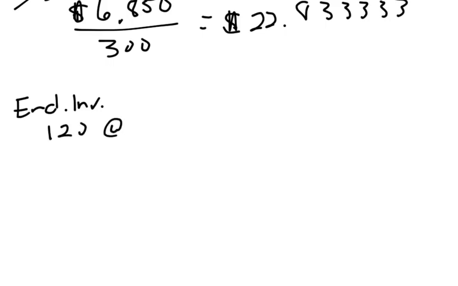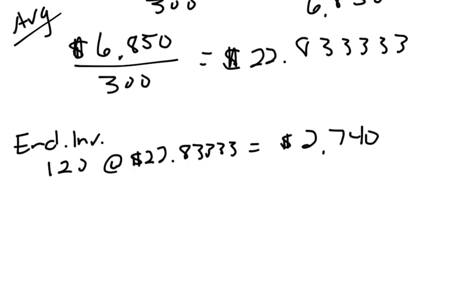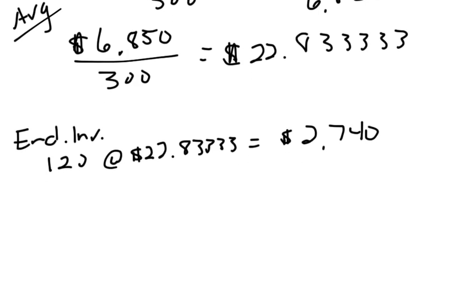And now that would be at a cost of $22.83333, a couple threes in there. And when you round it to an even figure, you should get $2,740. Now again, I could easily take that $6,850 and subtract the $2,740 and give you cost of goods sold.